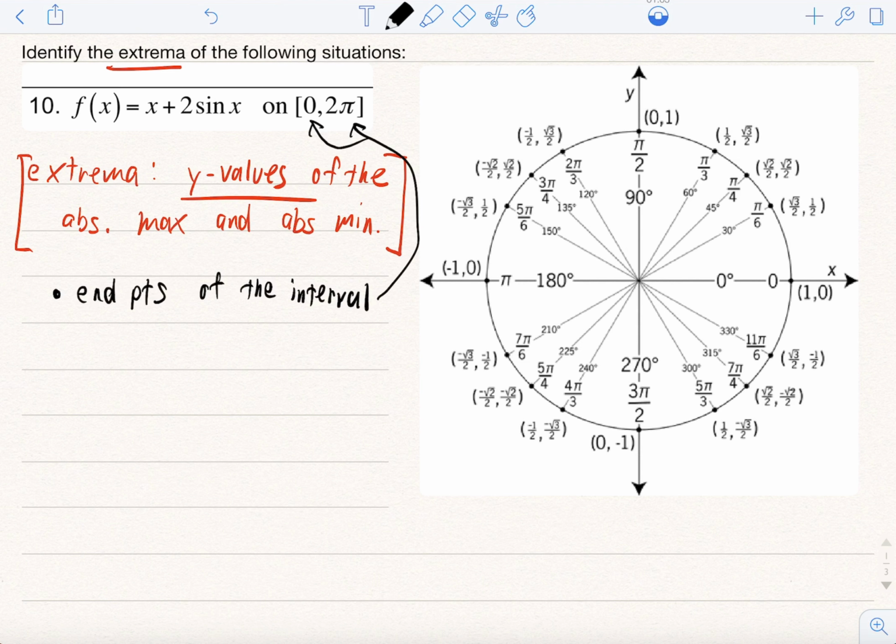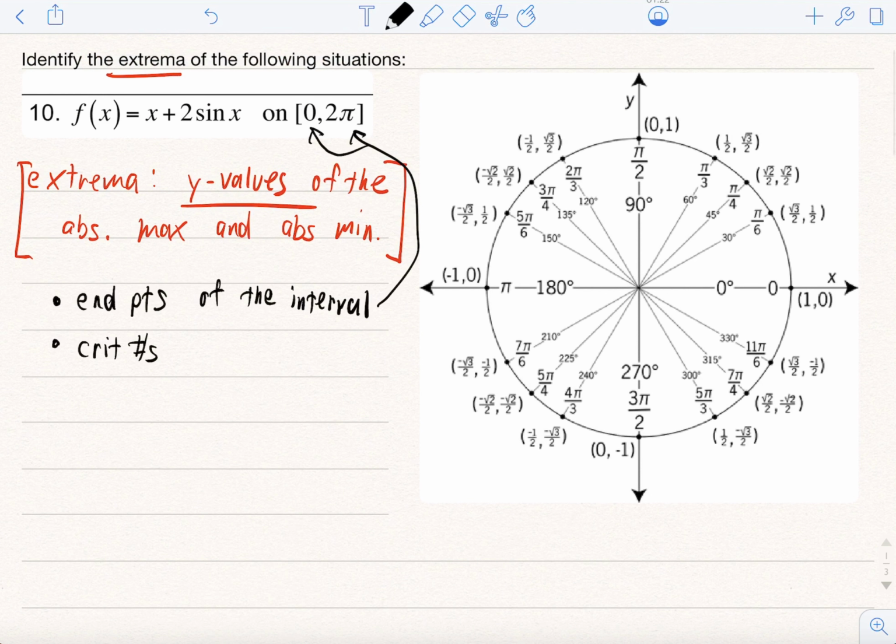So 0 and 2 pi are candidates, and then we also need to consider the critical numbers, because a relative min and relative max can also potentially be the absolute min and max, but we just have to double check to be sure. Since we already know the endpoints, let's now do the critical numbers.